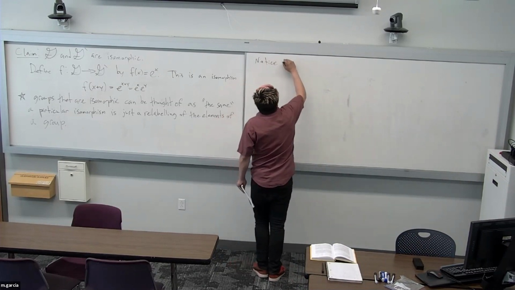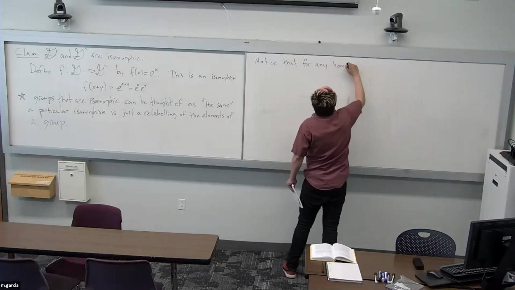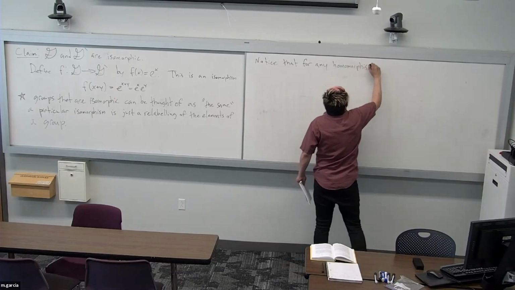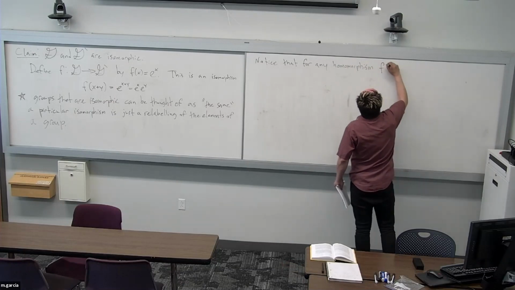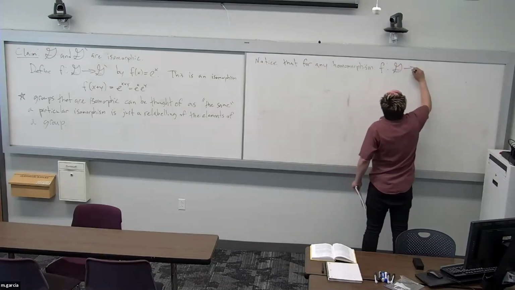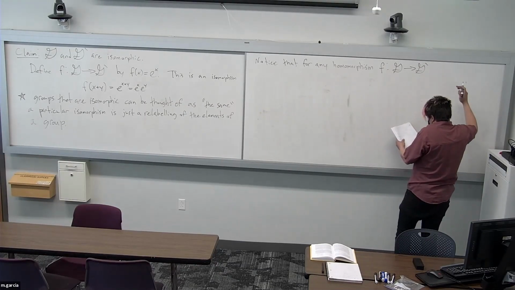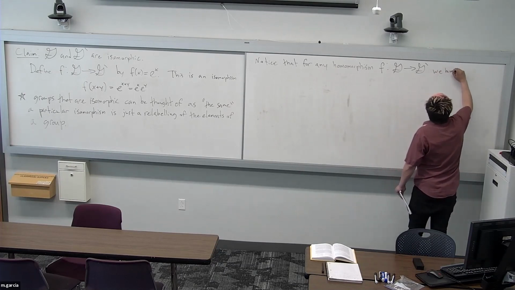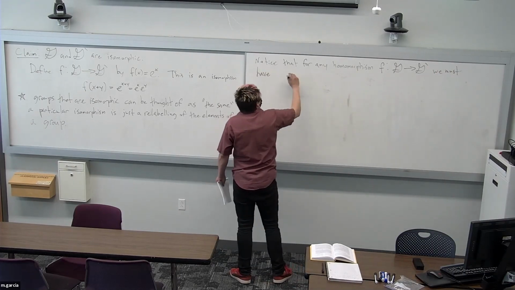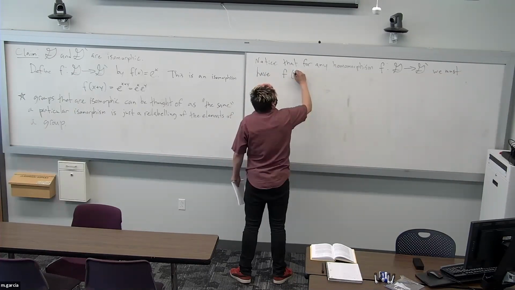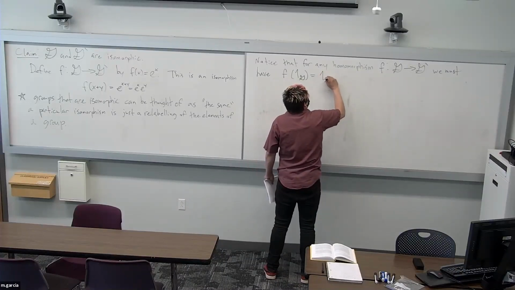Notice that for any homomorphism f mapping G to G prime, we must have that f evaluates the identity of G to the identity of G prime.